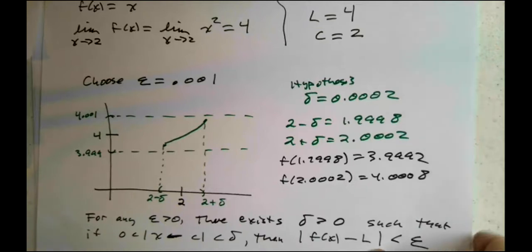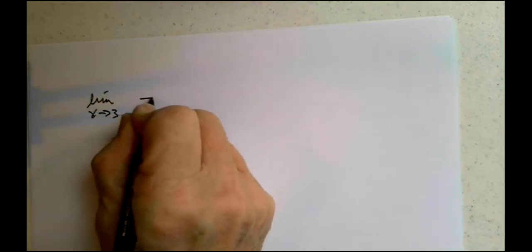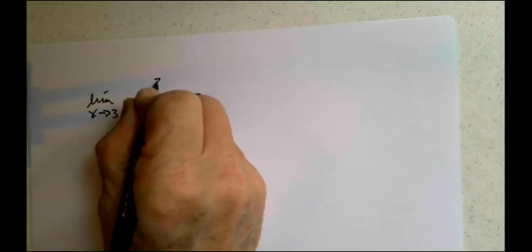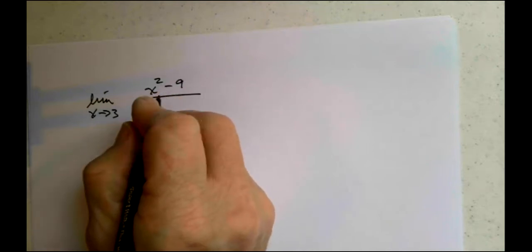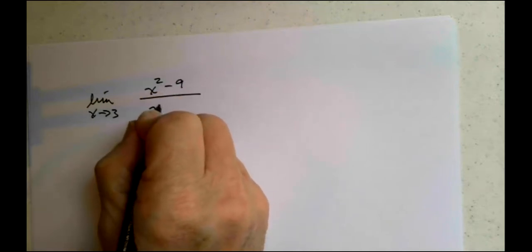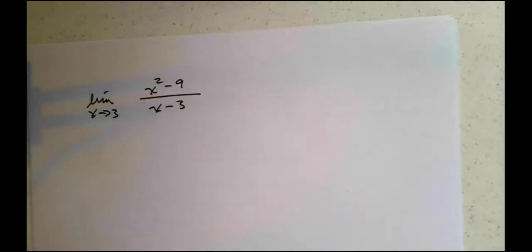All right, let's take a look at one more problem where we are given the epsilon and we have to find a delta. And this time, maybe I will work with a problem that is not continuous. So how about the limit as x approaches 3 of x squared minus 9 over x minus 3.